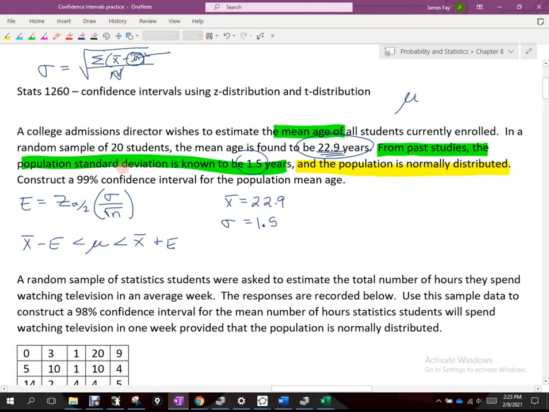Now we can go ahead and figure out, N obviously was the 20. Now we have to find Z sub alpha over 2, right? So my confidence level, they want us to be 99%. That means alpha is 1%.